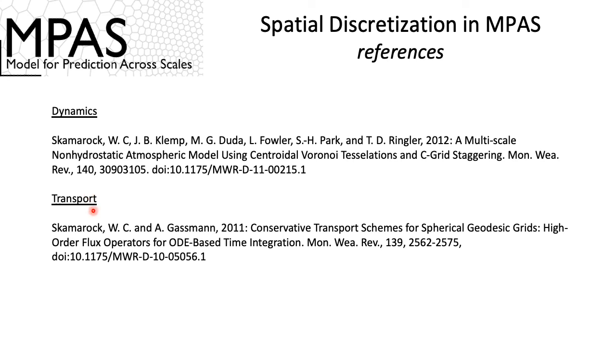If you want to know a lot more about the transport scheme, you can look at this paper here, the Skamarock and Gassmann paper, and that will show you a derivation of the horizontal transport scheme that I presented in this talk, and it will also show you significantly more examples of how it performs and why we are using it.